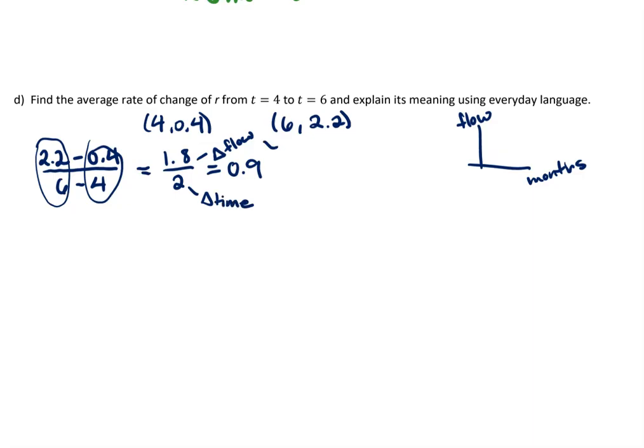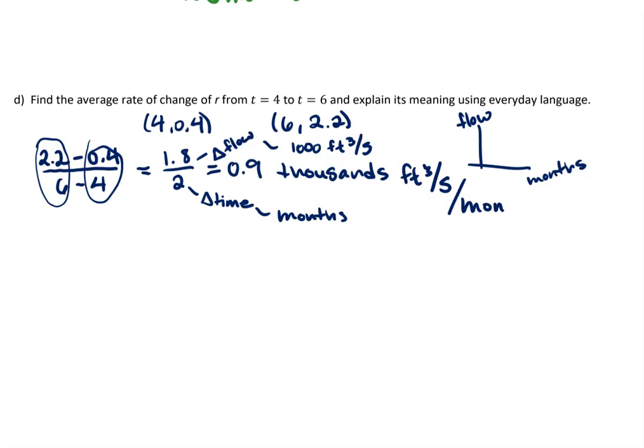So flow rate is 1,000 cubic feet per second, and our time was in months, which means our units are thousands of cubic feet per second per month. So that's the units. Let's actually state that as an entire sentence.